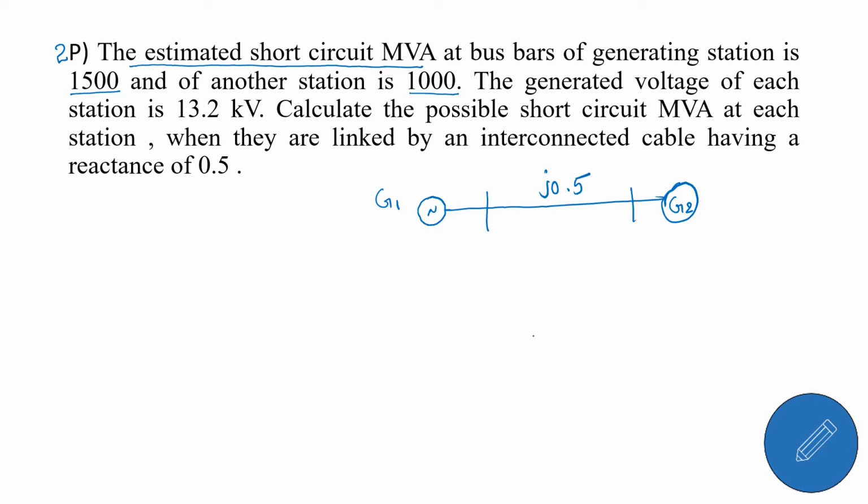Let us draw the circuit for this. We will have the first generator, E_G1, with reactance X_G1, and the cable having a reactance of j0.5.